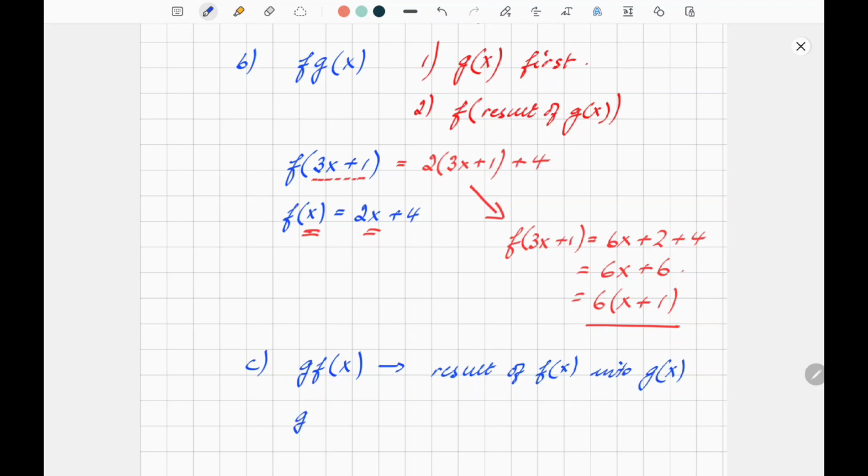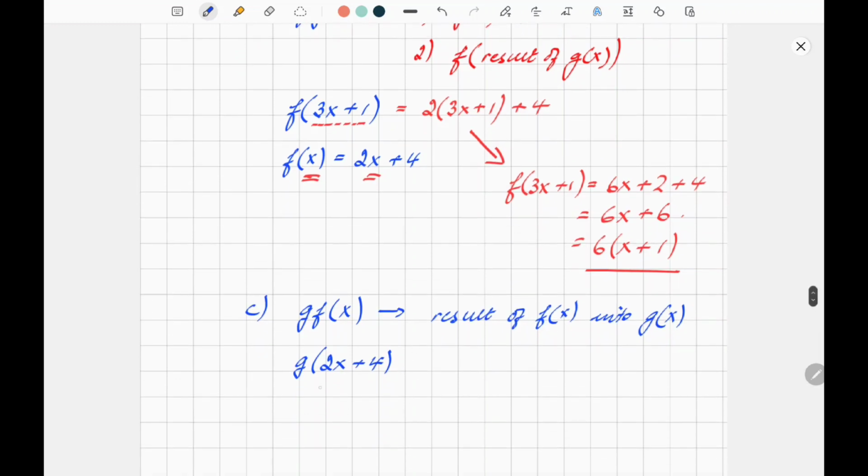So this is g of 2x plus 4. And g of x, if you remember, is 3x plus 1. So g of x is 3 times the input plus 1. Does that bit make proper sense to you?